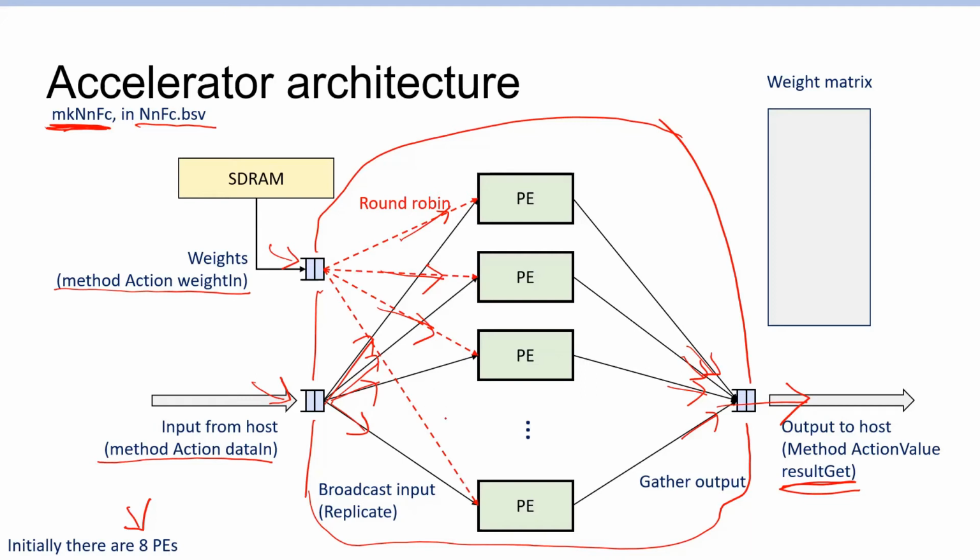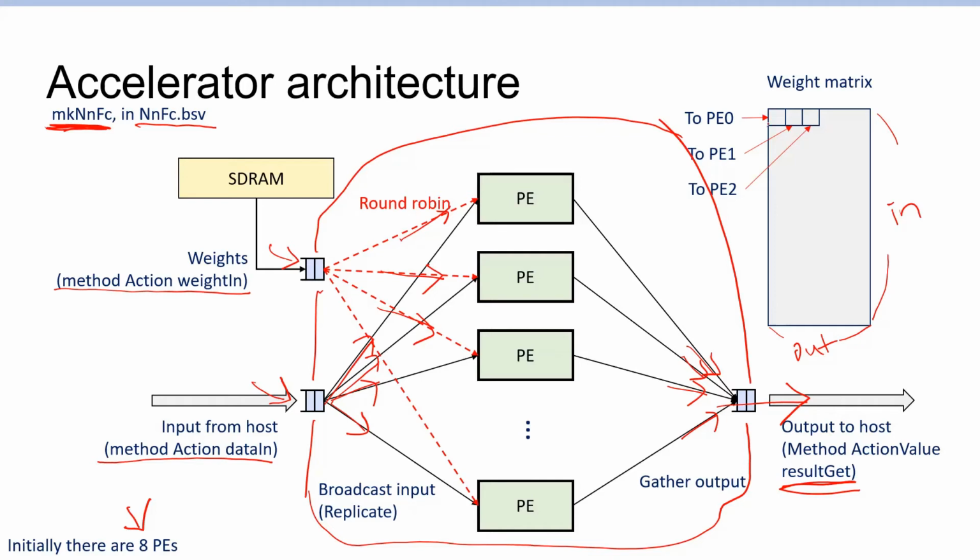What this looks like in terms of computation is a little bit like this. If you look at the weight matrix, the height is the input dim and the width is the output dim. As the weights come in from the outside world, the very first weight value will be sent to PE0, the next one will be sent to PE1, the next one will be sent to PE2, etc. So all of these PEs will be responsible for generating subsequent consecutive slots in the output vector.